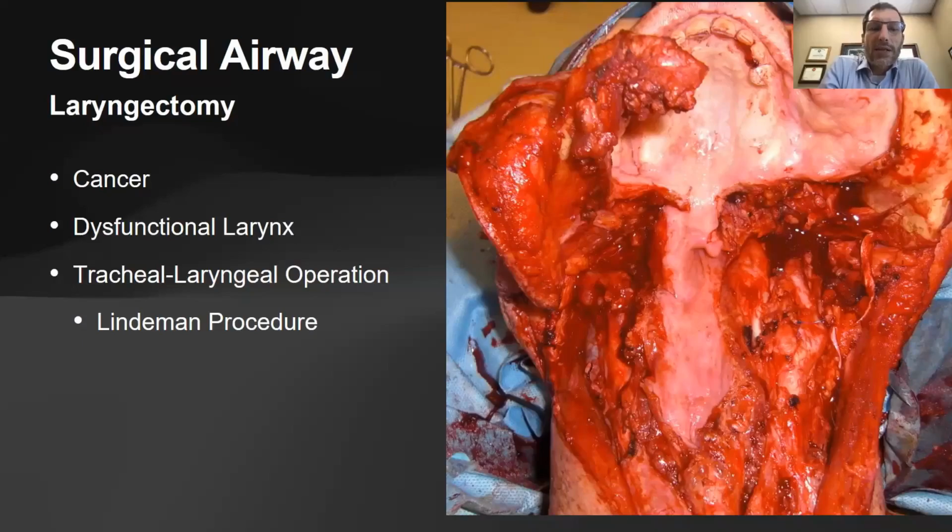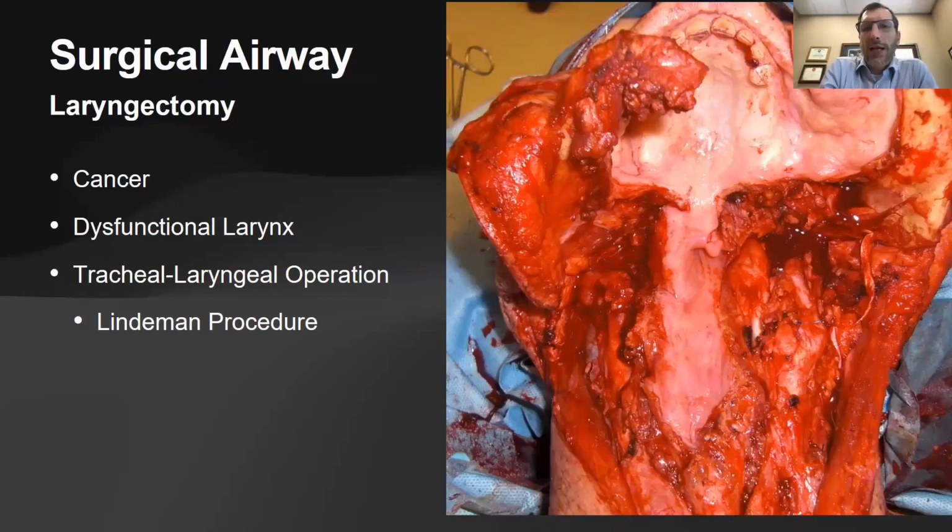It's trying to completely separate their digestive tract from their respiratory tract, with the idea of reversing them. Now, I've never done one as a staff. I've done them when I was in training, and never did we ever reverse any of those patients. But you just need to know that if you ever hear of the Lindemann procedure, or the tracheolaryngeal separation, that's why we do it: for chronic aspiration.